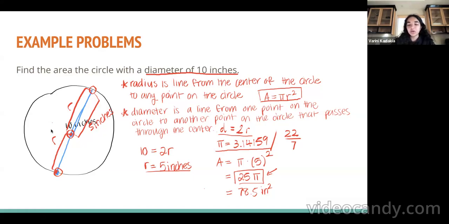On the homework I'll give you, if there are any circle problems, you don't have to multiply by pi. You can just leave it as 25 pi. But in some problems you might encounter, they might ask you to multiply it. It depends on the problem what you need to do with the pi.